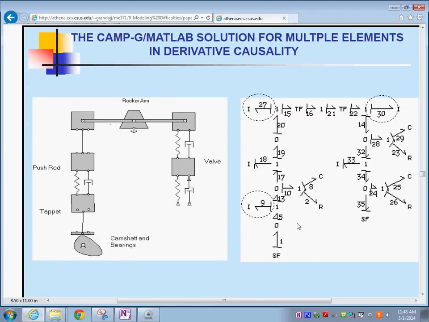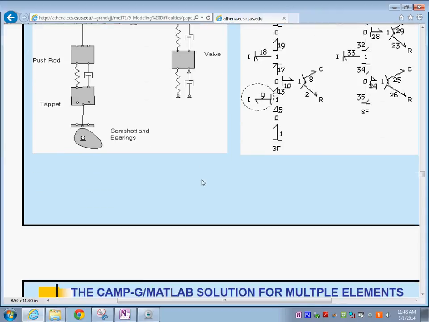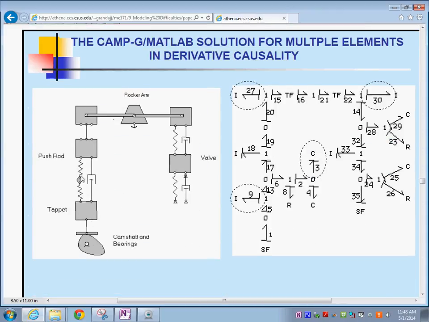This could be extended. In case, looking here, I put just a connecting rod and really messed up the system. We have three now in derivative form. And if we continue messing up the system, put two springs together and you add one C, four derivative forms, you would think that it would be almost impossible to do this.